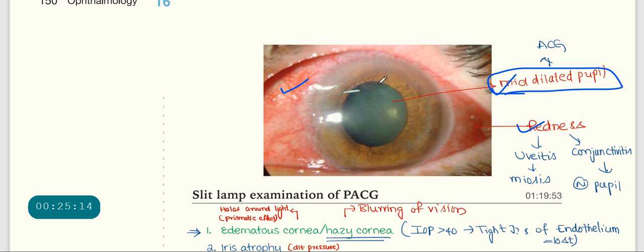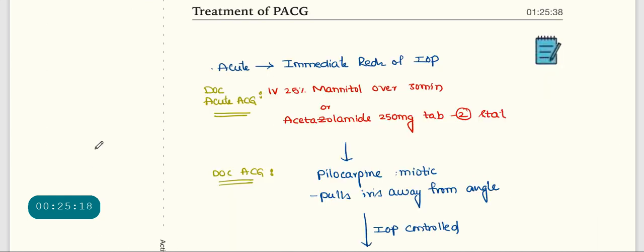Now, what is the treatment for PACG? In acute cases, it is immediate reduction of the intraocular pressure.